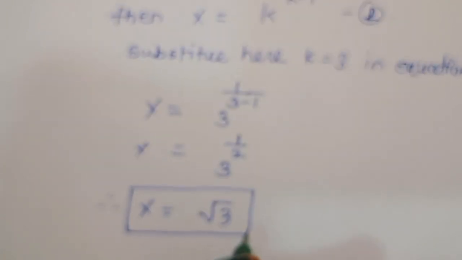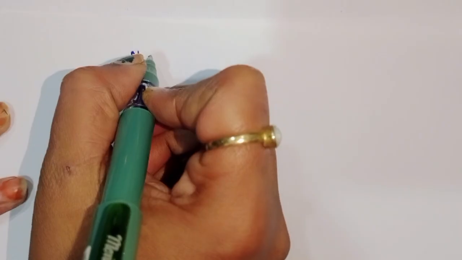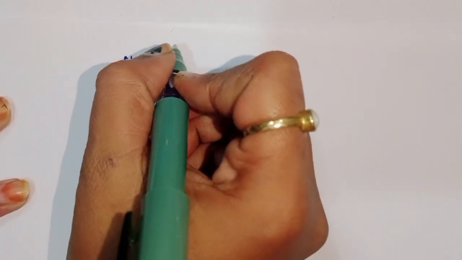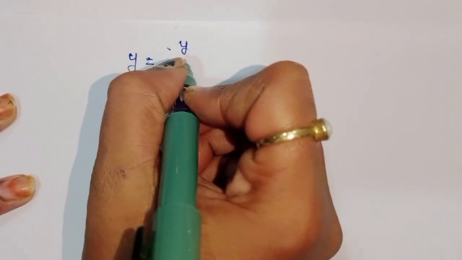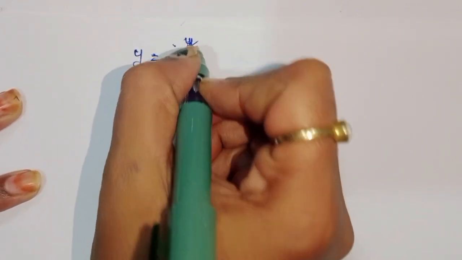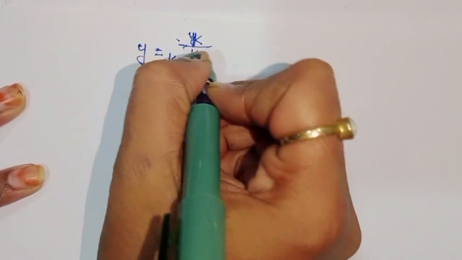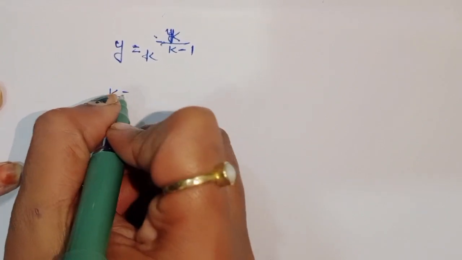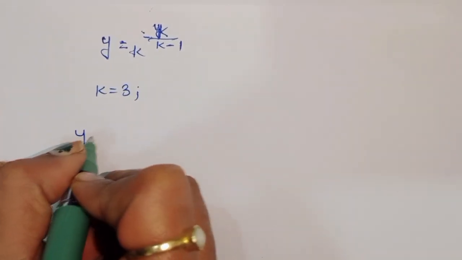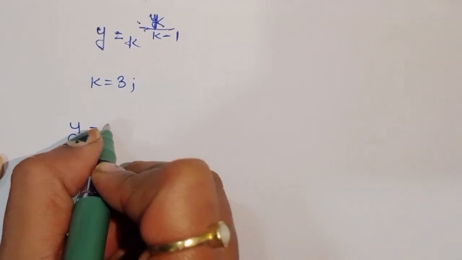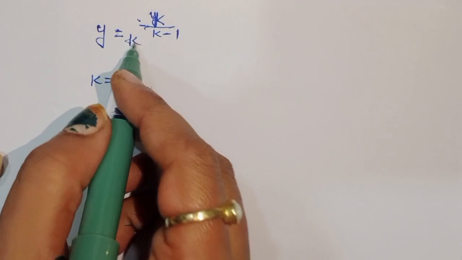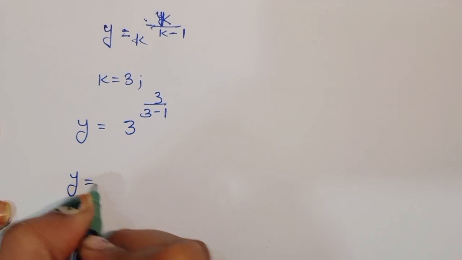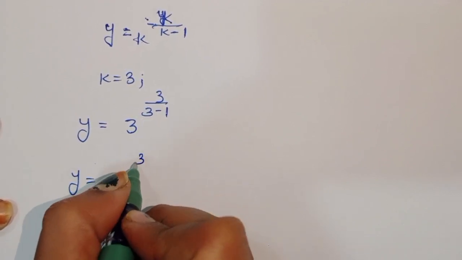Now we have to find the value of y. Y is equal to k raised to k minus 1. This is the value of y that we got. So we substitute k equal to 3. Then y is equal to 3 raised to 3 upon 3 minus 1, that is 2.